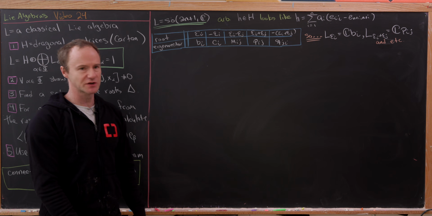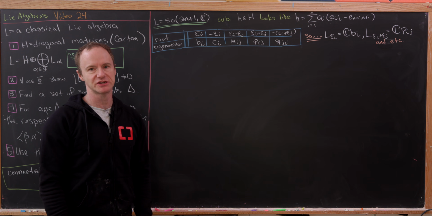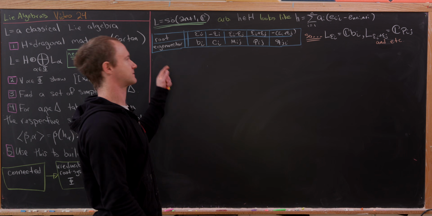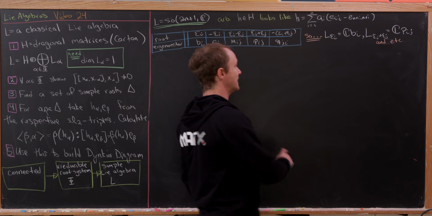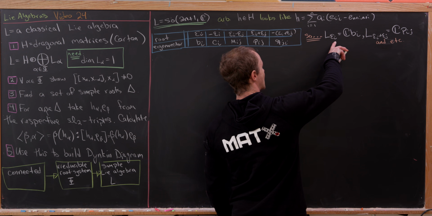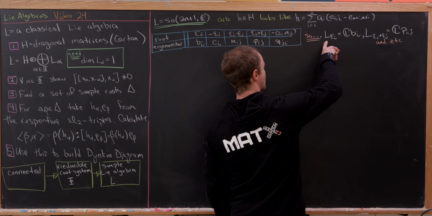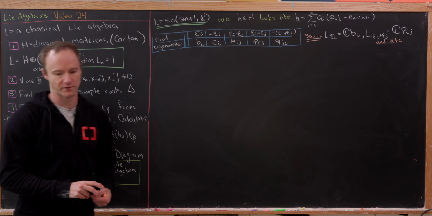But now let's observe that that immediately gives us a one-dimensional root space decomposition for all of these things over here, just kind of by visual inspection, if you will. And for instance, the root space of epsilon I is spanned by bi. So we could write L epsilon I is CBI, and so on and so forth for all of the rest of them.